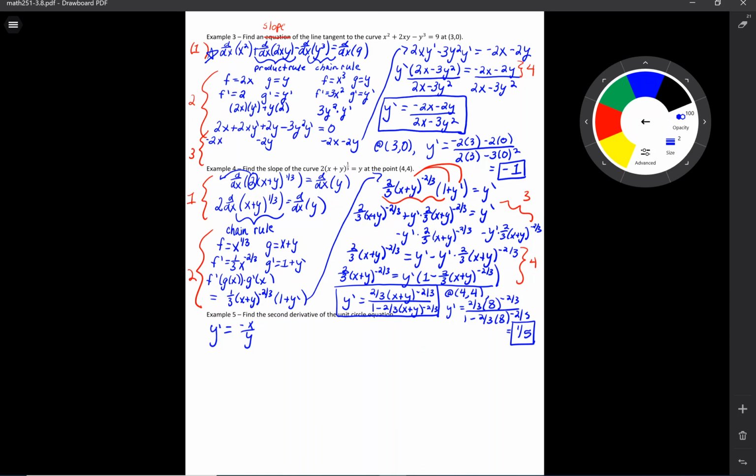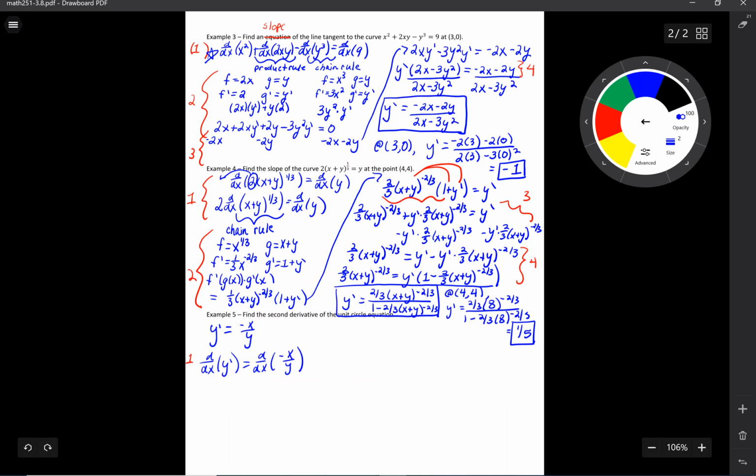In order to find y double prime, I have to take the derivative of both sides, right? So my first step, as always, is to take the derivative with respect to x of y prime, the derivative with respect to x of negative x over y, step 1.